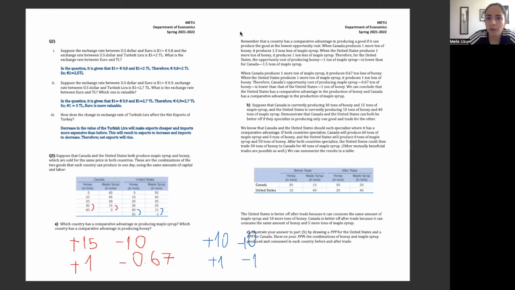So which one is lower? 0.67 is lower, so Canada has a comparative advantage in producing maple syrup. I'm sorry for the bad writing, I did my best.